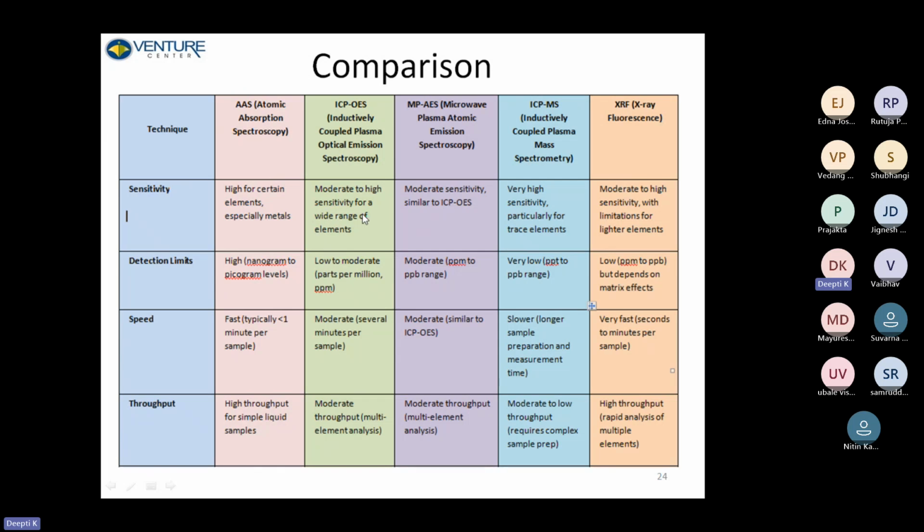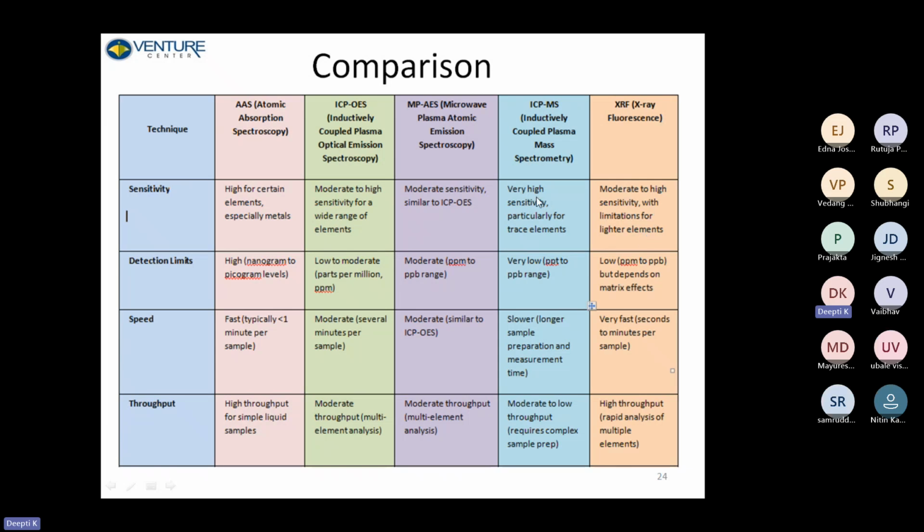ICP-OES has moderate to high sensitivity for a much wider range of elements. MP-AES has lower sensitivity as compared to ICP-OES. MS has the highest sensitivity, and XRF will also have moderate to high sensitivity, but the limitation is that it cannot monitor very light elements.